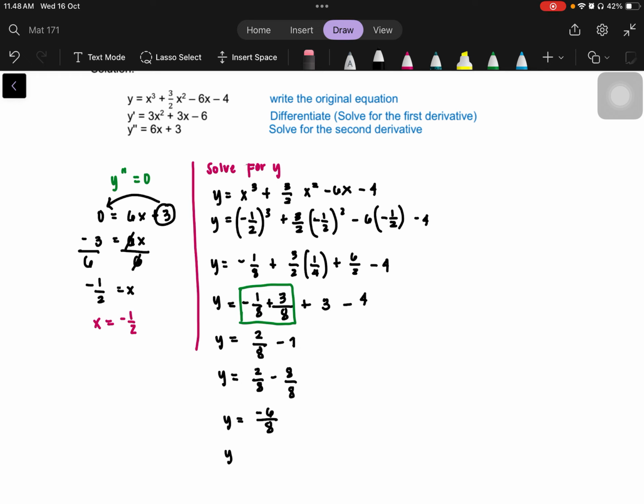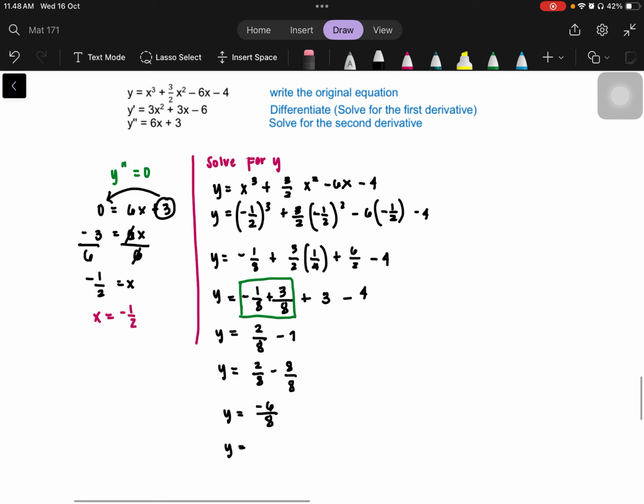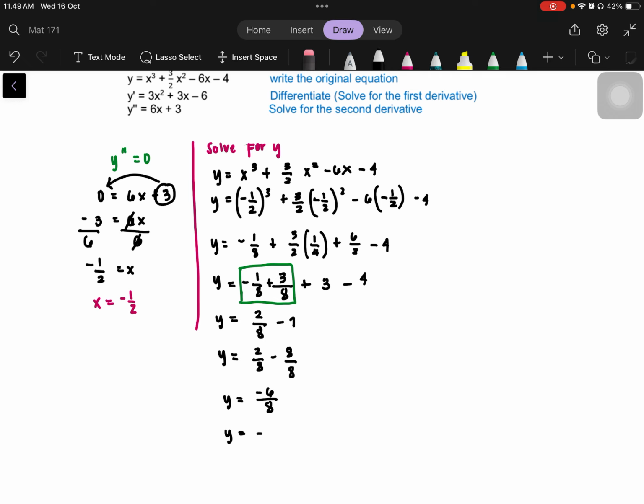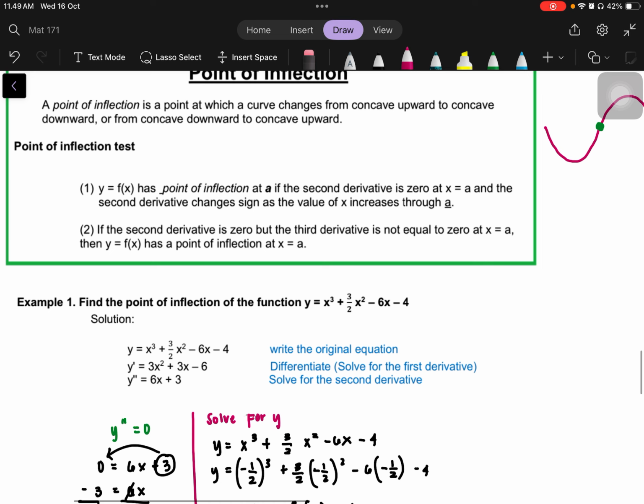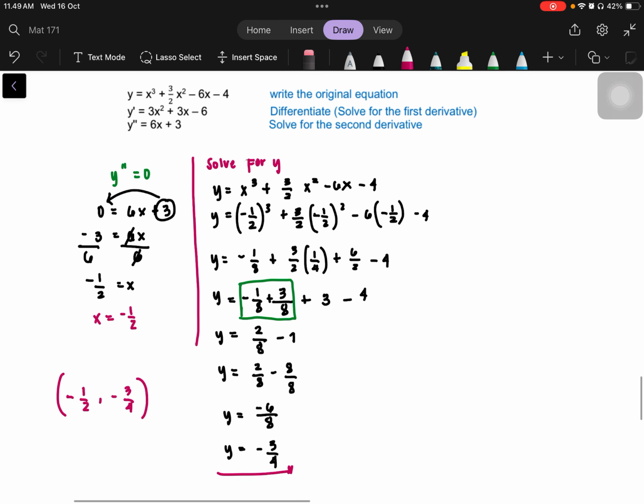So, we will be having y is equal to 2 minus 8 is negative 6 over 8. Or, kapag yan ay ating simplify, we will be having negative 3/4. So, ibig sabihin, okay, so ibig sabihin, ang ating point of inflection is negative 1/2, negative 3/4.